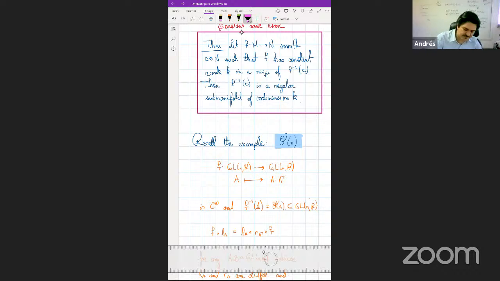So we are here, inside GLn, with the preimage of the identity matrix. What can you say about it in terms of topology?